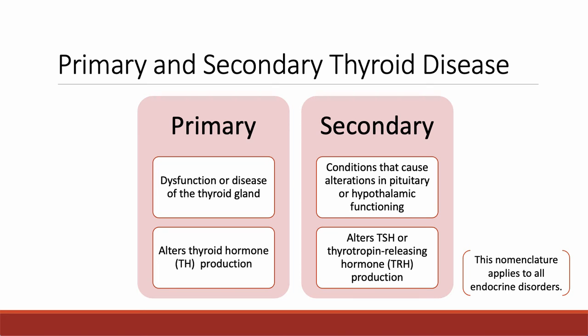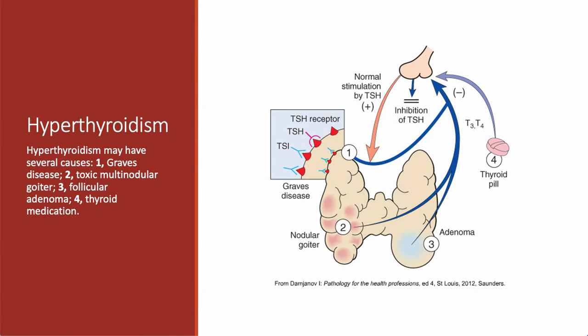So in the adrenal glands, it would be cortisol. In the thyroid gland, it's thyroid hormone T3 and T4. Secondary thyroid disease is where there's an alteration in TSH or TRH because of some problem at that level. And that applies to all endocrine diseases, that nomenclature, primary and secondary endocrine disease.